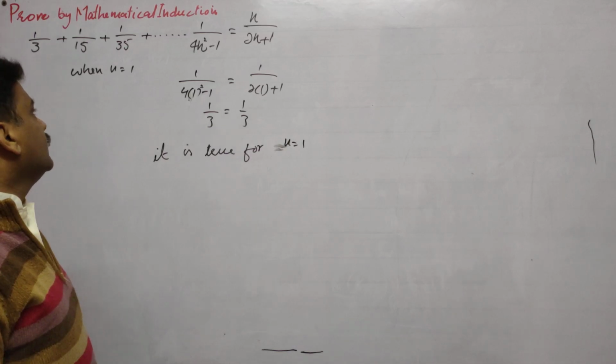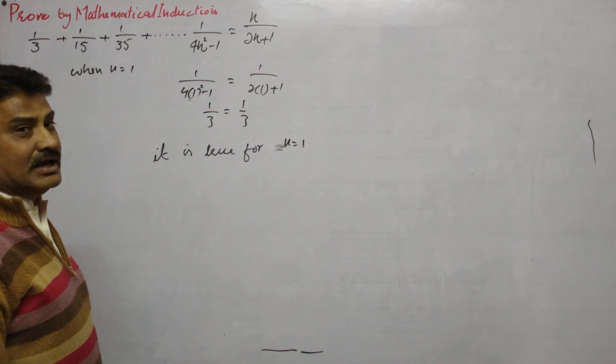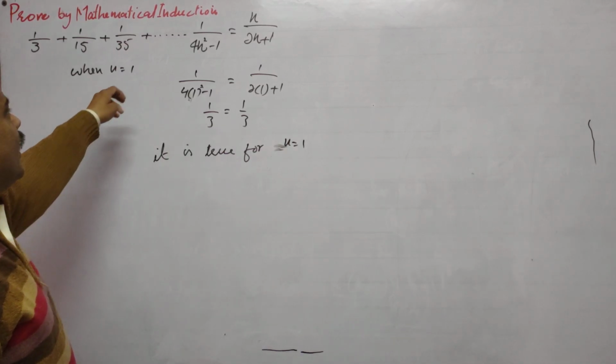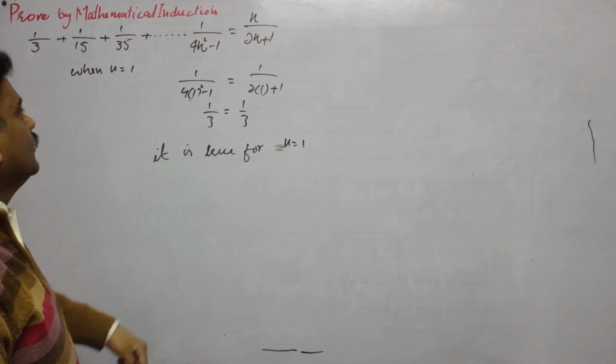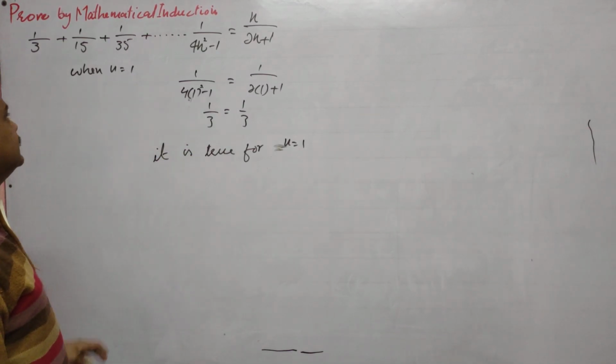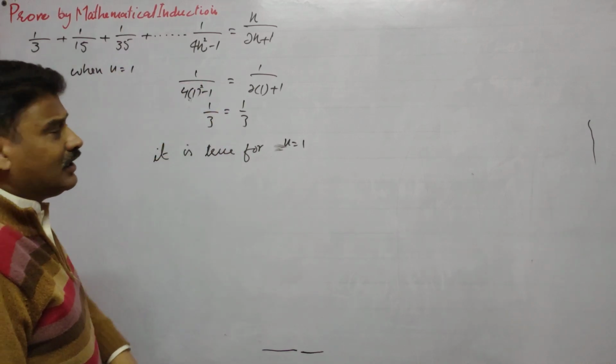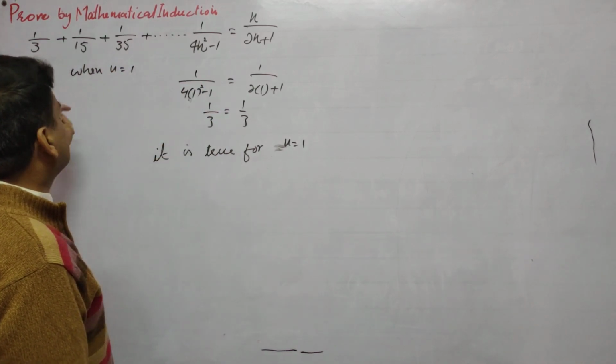Now, in the second step, we assume that it is true for n equal to k. So we can replace n by k.